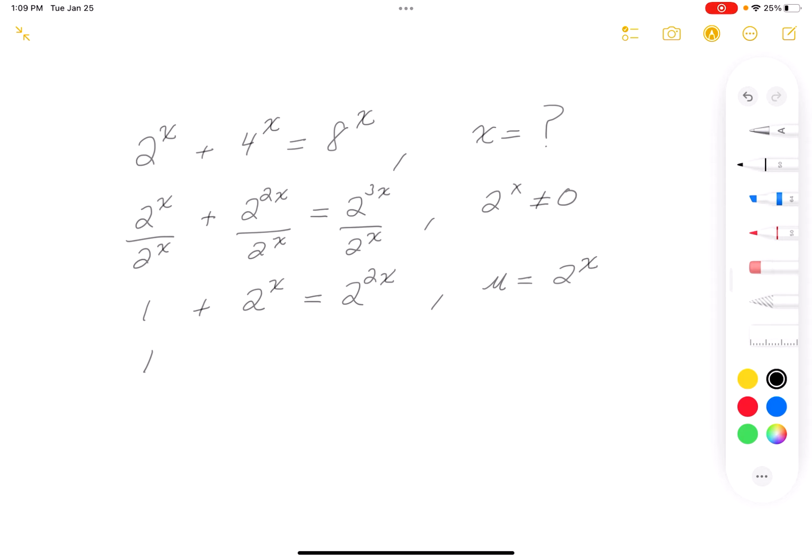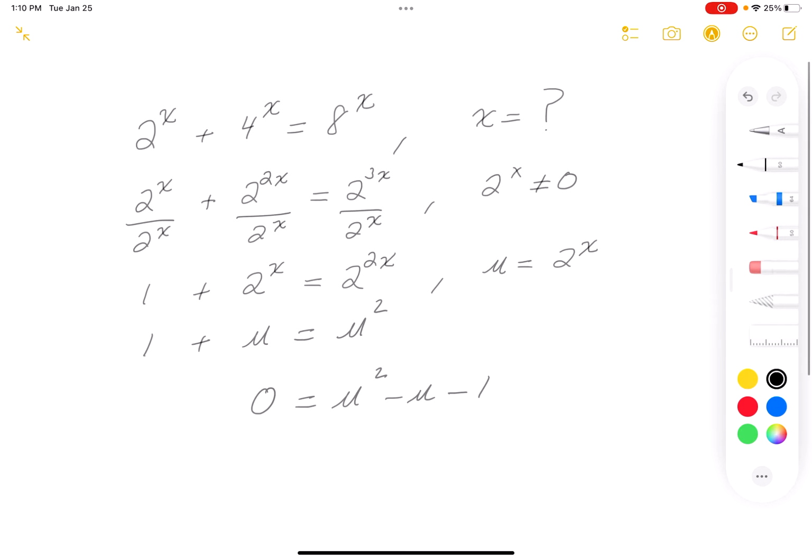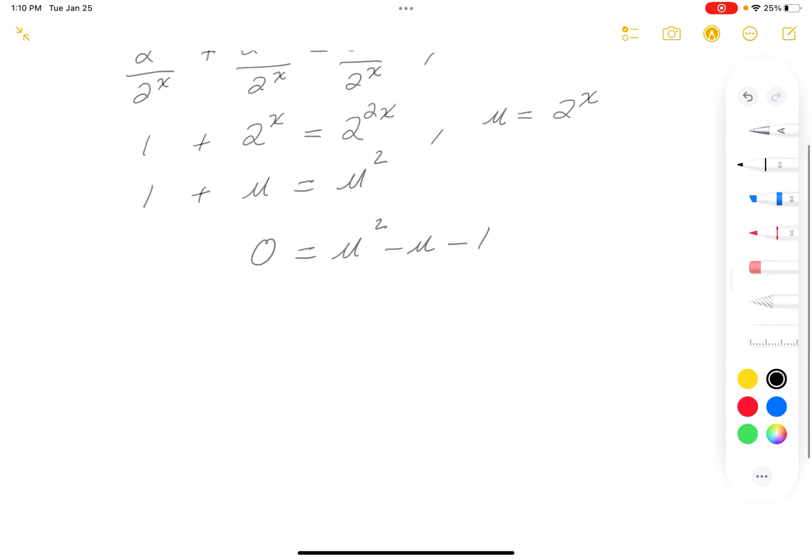What do you get? 1 plus u equals u squared. Quadratic in form, u squared minus u minus 1 is equal to 0. All right, I'm going to say factoring is not going to be useful, but quadratic form is useful. So u would be equal to, well, let's see.